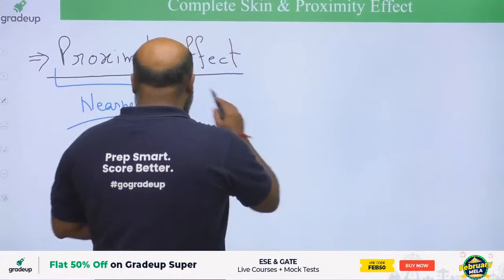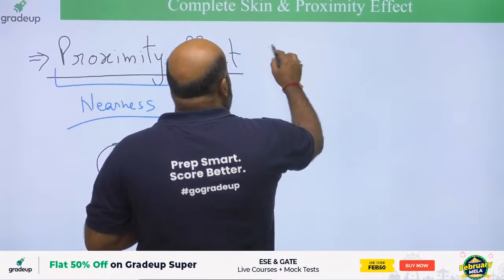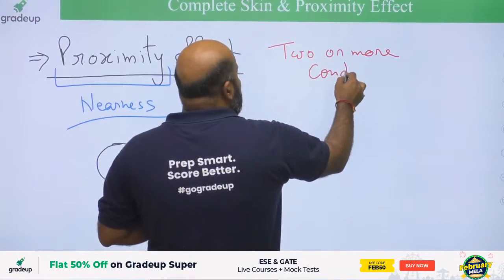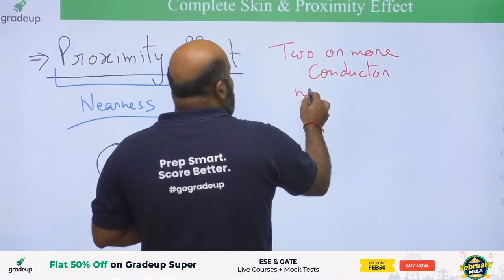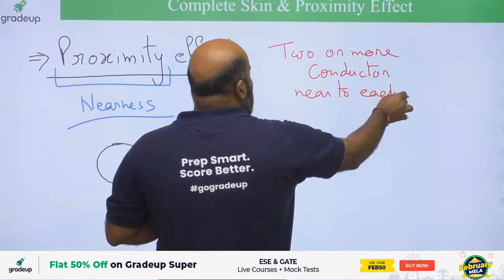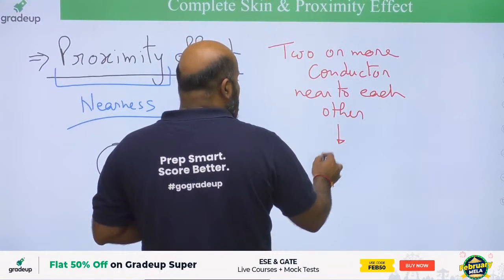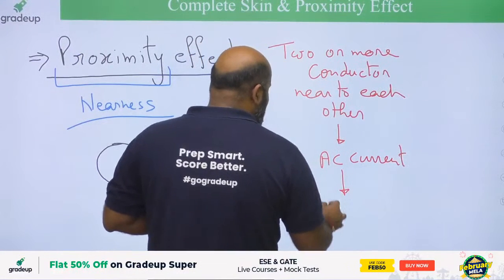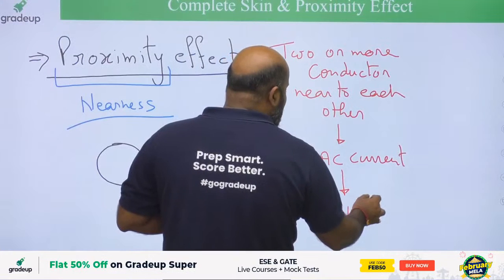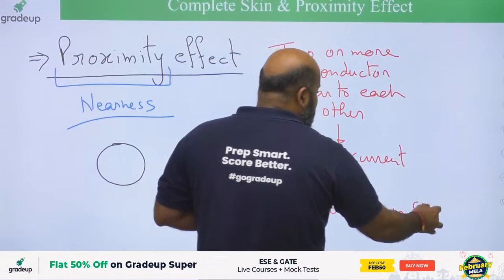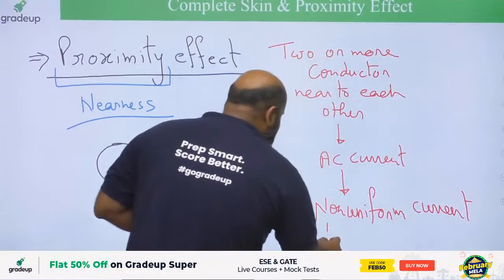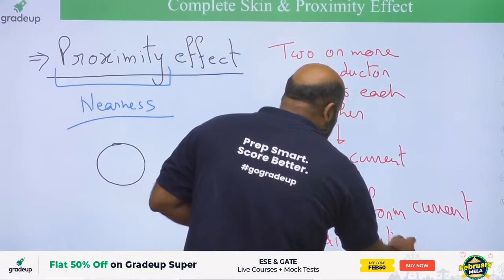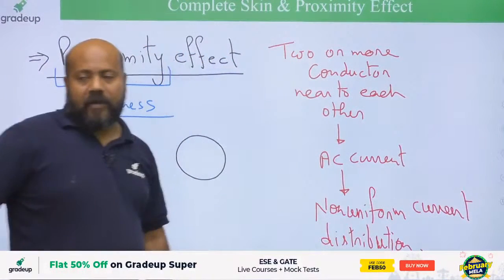What is proximity effect? Two or more conductors near to each other, when AC current is passed, lead to non-uniform current distribution. Now let us try to understand the logic.